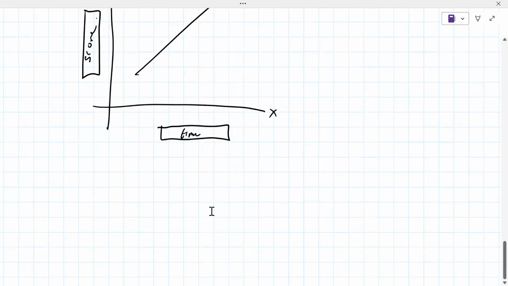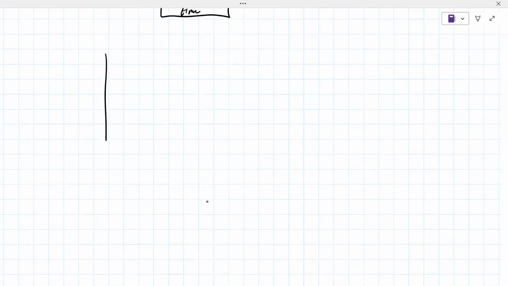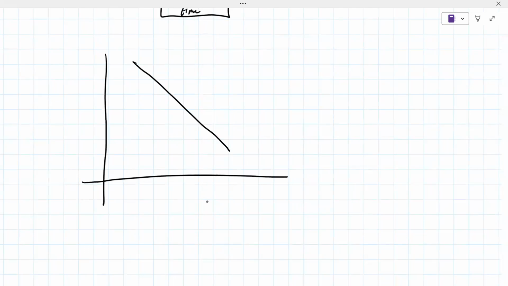Can you give me an example of something that goes down and to the right? So this is the more you do something, the less of something else.